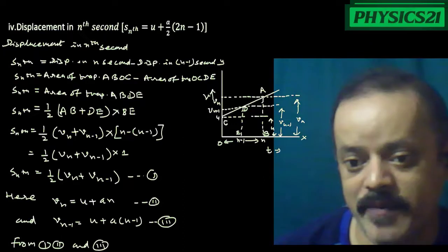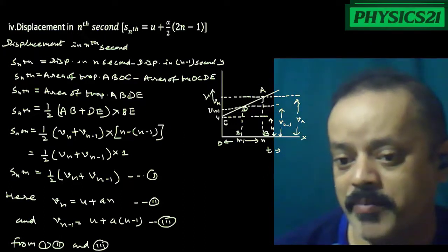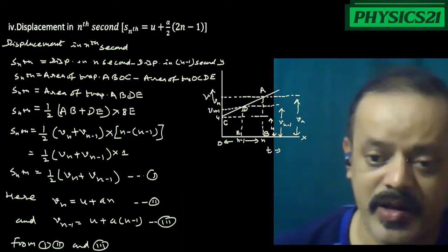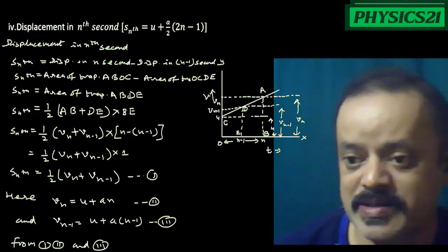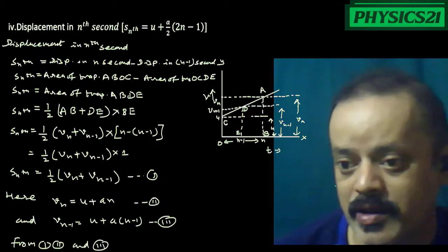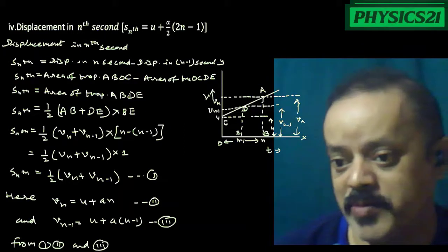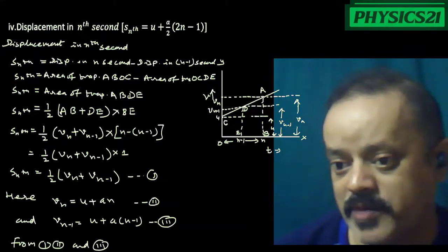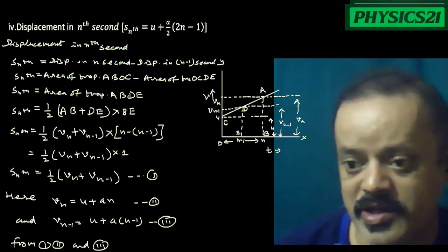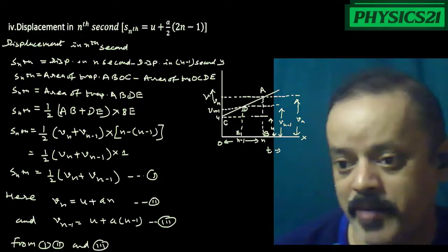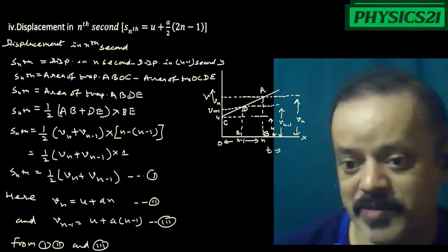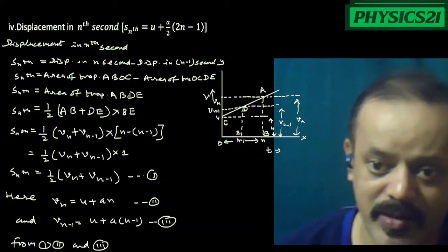So the displacement in the nth second is given by 1/2 (vn, which is the first parallel side of the trapezium, plus v(n-1), which is the second parallel side of the trapezium), multiplied by the perpendicular distance between them, which in the graph is equal to 1.